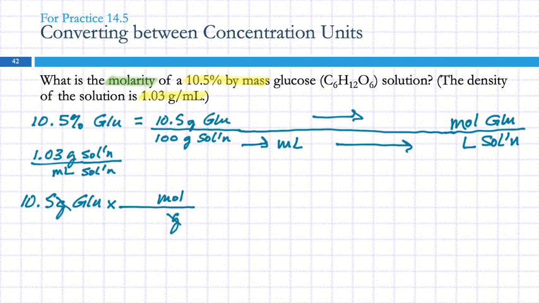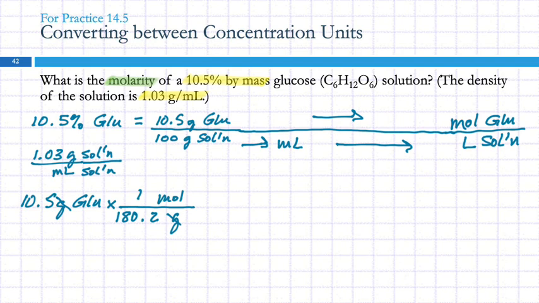It really goes better if you have the units in there. So we need the molar mass of glucose: 12.01 times 6 plus 1.008 times 12 plus 16 times 6, 180.2.